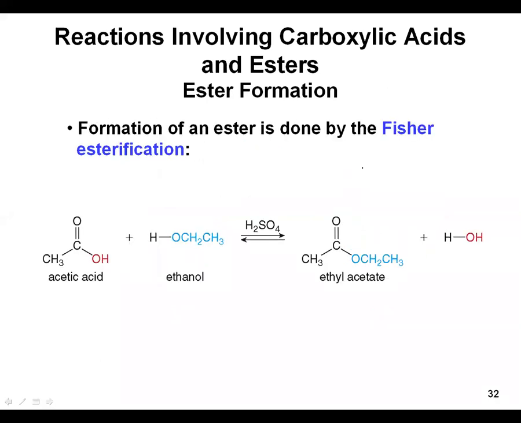So if we look at one here, over here is our 2 carbons, which is ethanoic acid, which is acetic acid. And this is our alcohol, which is ethanol. Exactly what's going to happen here is we're going to take out water, just like that. So out goes water, which is how we get it over here.